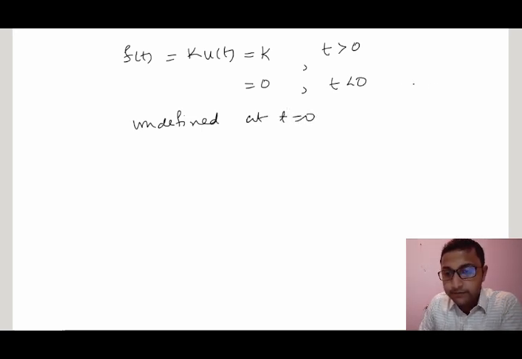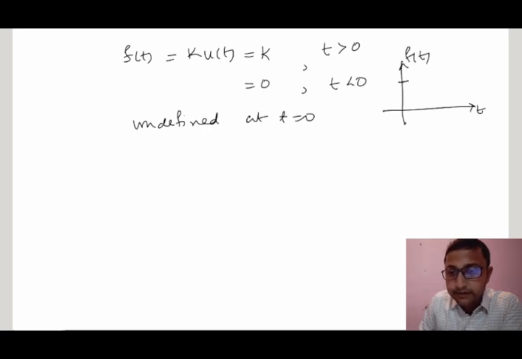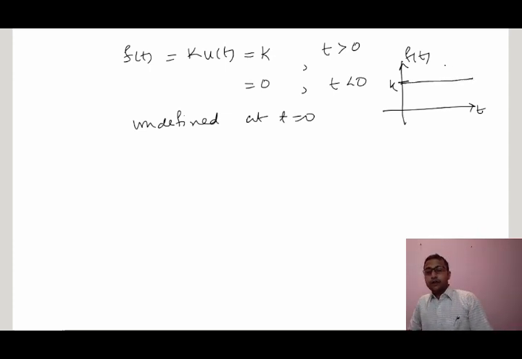If I draw the signal, this is t, this is the signal f(t). Suppose this magnitude is k. So this is the step signal with constant magnitude, f(t) is equal to k, nothing else, right?